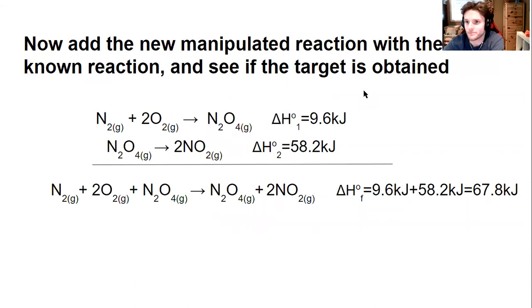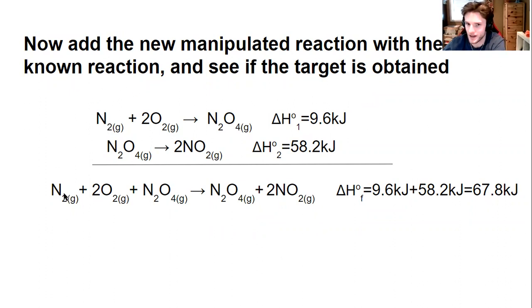Now that we have that, let's add the two reactions and see if the target is obtained. Notice here, this top equation is our newly manipulated equation. And we add them together.